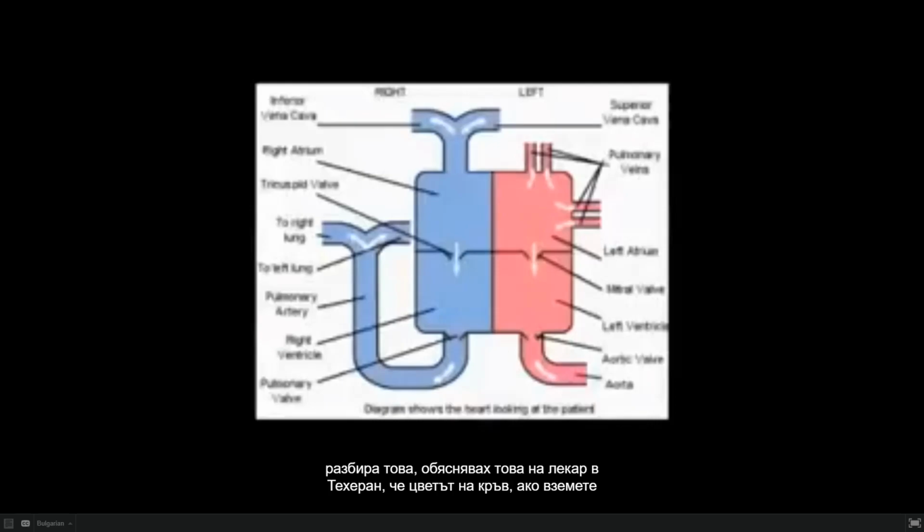Sometimes the doctors understand this. I was explaining this to a doctor in Tehran, I think, that the color of the blood, if you take blood just past the upper leg, and look at its true color, and then you take blood about 10 centimeters higher, and then 10 centimeters higher, you find out the colors are different, they're not the same.